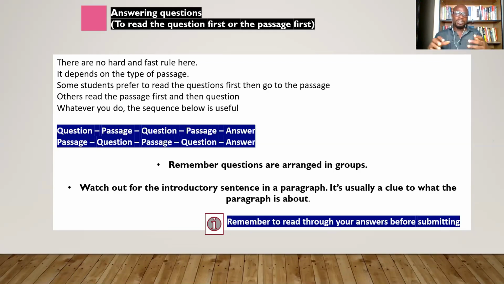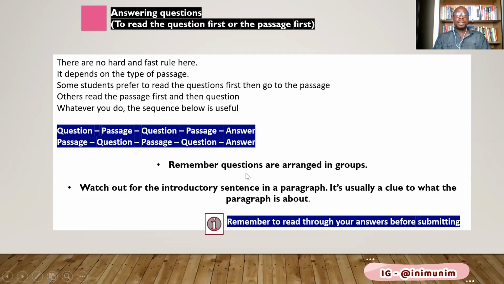In scanning the passage for answers, try to refer to the passage at least twice. These are ways in which you tackle questions, but there are no hard and fast rules. You don't necessarily have to say this is the correct one. Any of them is right, but just make sure that you are referring to the question twice before you answer.